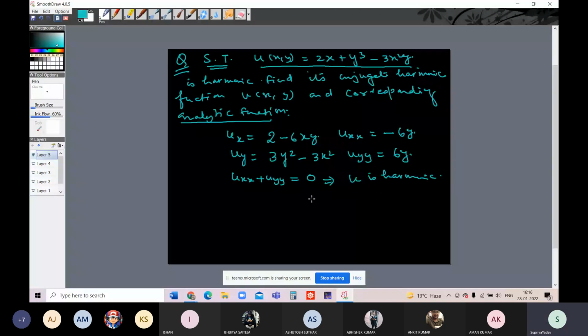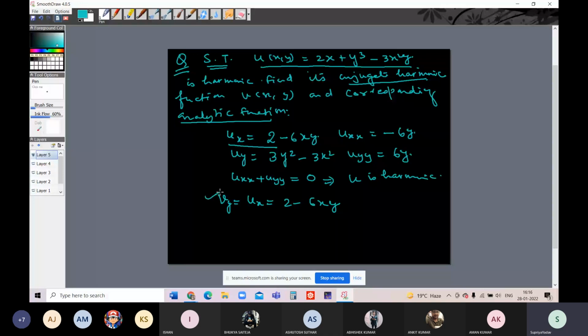Now the next step is to find v(x, y), the conjugate harmonic function of u(x, y). So they must satisfy the CR equation. We can write v_y = u_x, which is 2 − 6xy.